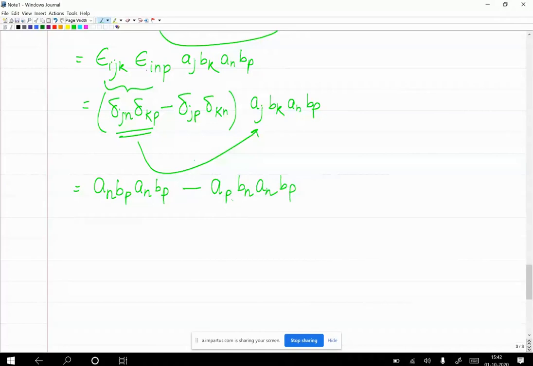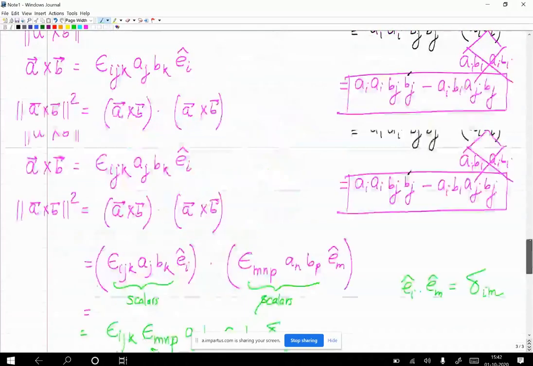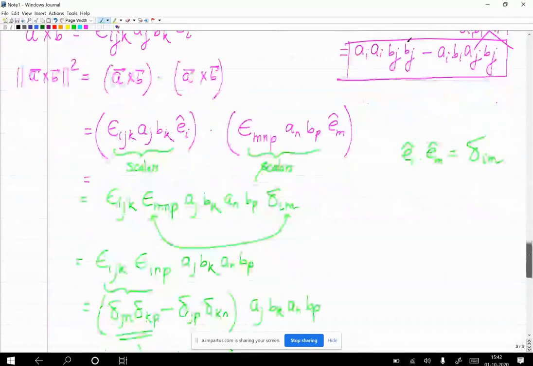Okay, so what is this now? We are almost there. So you can write AN AN, BP BP, minus AP BP, BN AN. And you see, isn't this what you have here? See, here also you have the same thing, but we just worked it out in a different way.